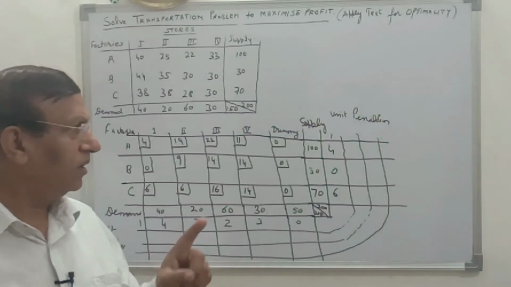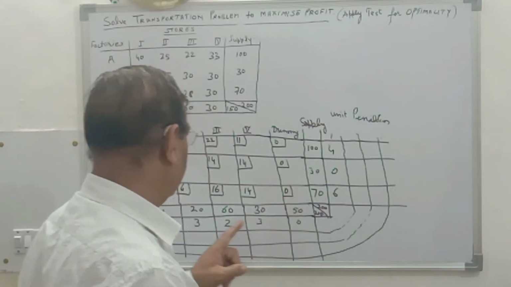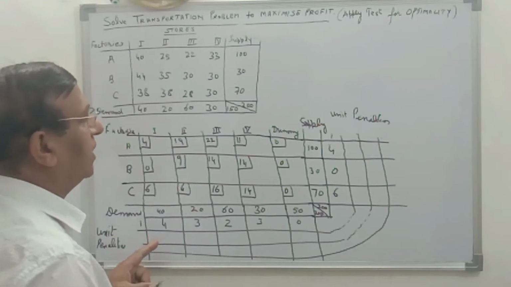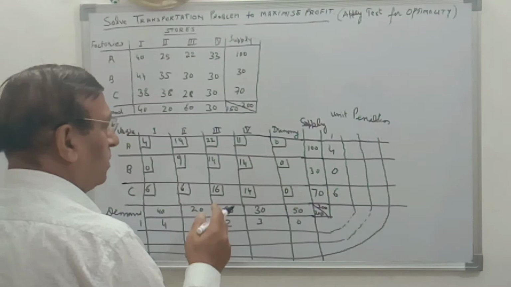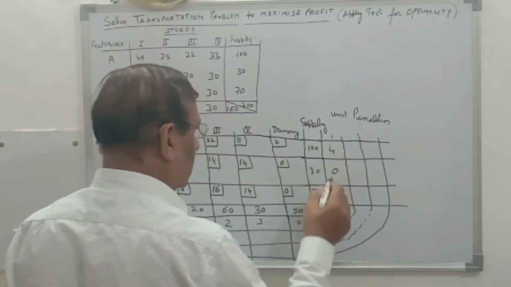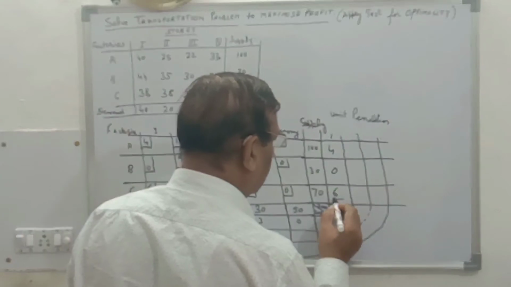After calculating the unit penalties, we check the maximum penalty. We enter at the maximum penalty. If there is a tie, then we will see from which one to enter. Here the single maximum penalty is 6, so we will enter from this side.